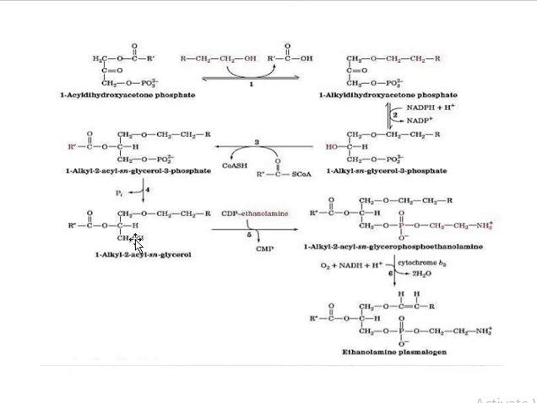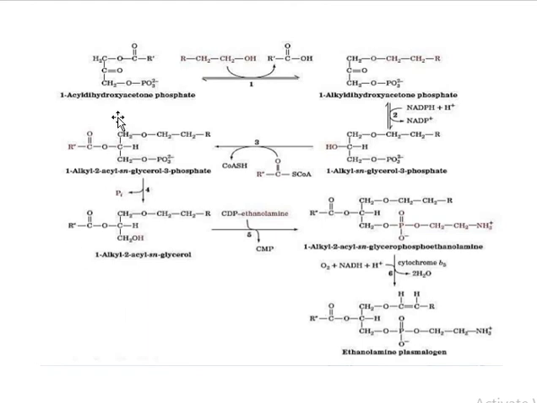Then the acyl group present at the second carbon of glycerol is replaced with acetyl group, and this acetyl group is provided by the acetyl CoA. So finally the 1-alkyl 2-acetyl glycerol 3-phosphocholine is formed, which is the platelet activating factor.